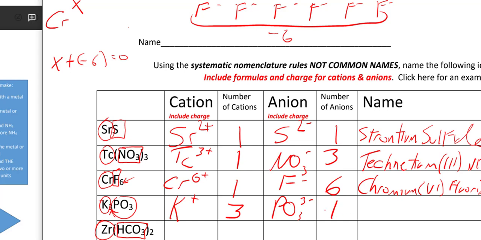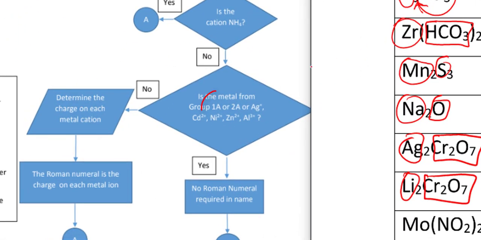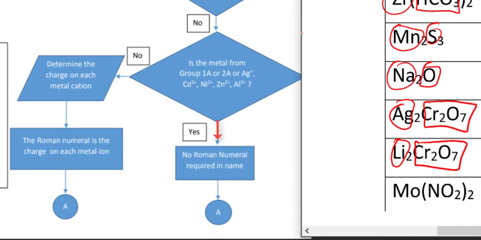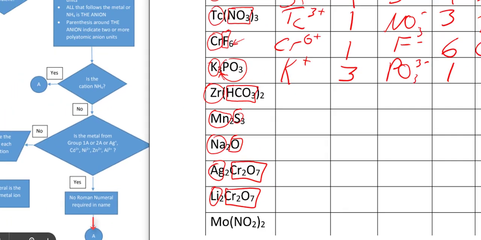There's one of them. So this one's pretty simple. This is simply potassium phosphite. We don't need a Roman numeral because potassium is in group 1. So here's the case where the metal is in group 1A, and so we proceed and no Roman numeral is required. We answer yes to that question, and we just name the compound. So this one's potassium phosphite.